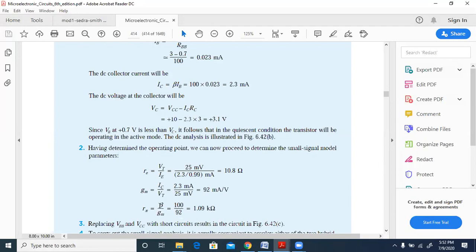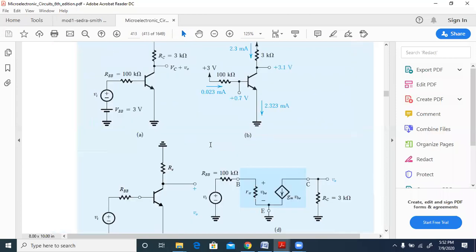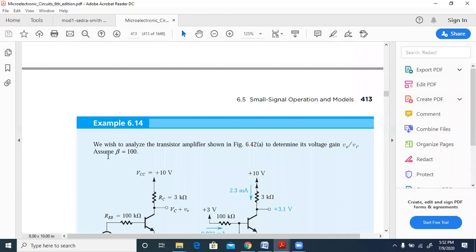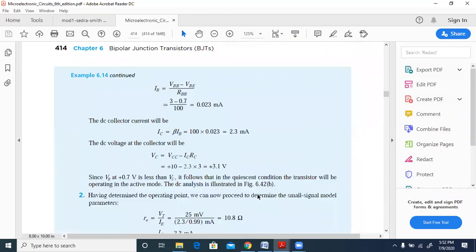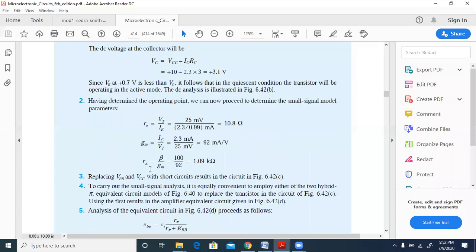Beta by GM is a standard formula most of the time which we use for RPI. So beta is 100, which is given to us over here, and GM is 92 milliamperes per volt.